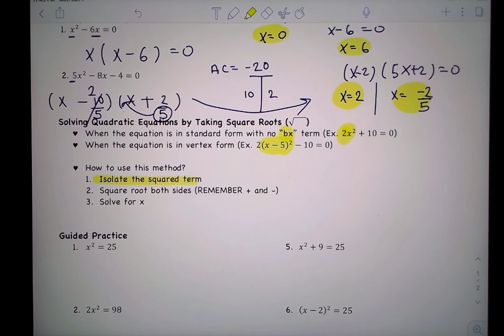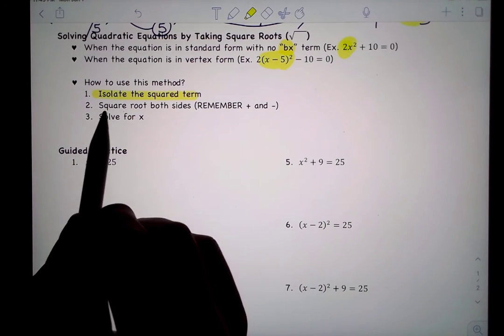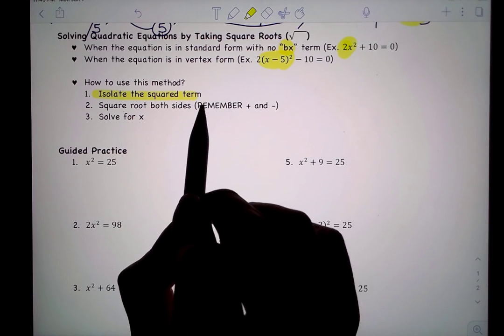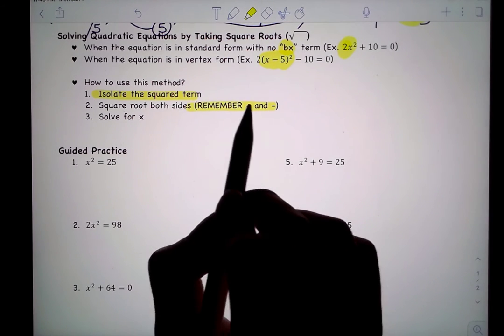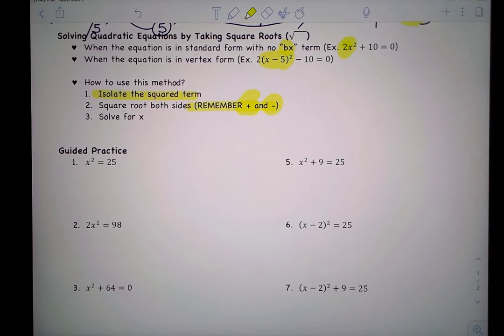All right? We will solve the problem together. And after that, you take the square root of both sides, right? You should remember this: plus, minus. When you take the square root, you always have positive and negative.